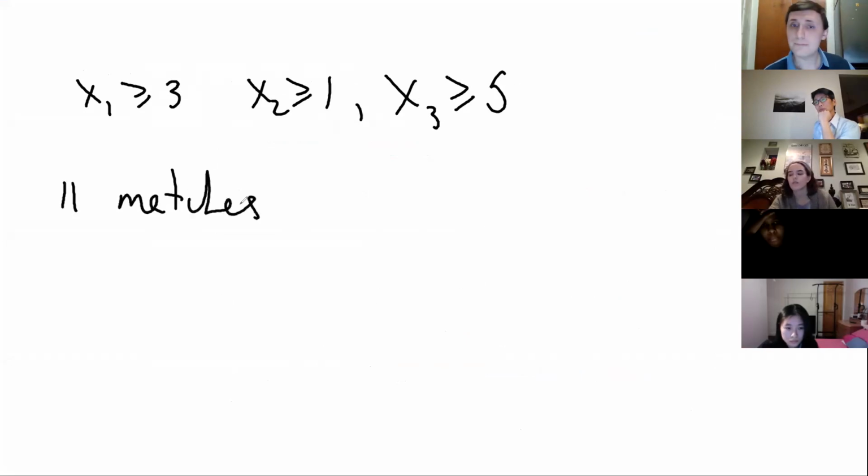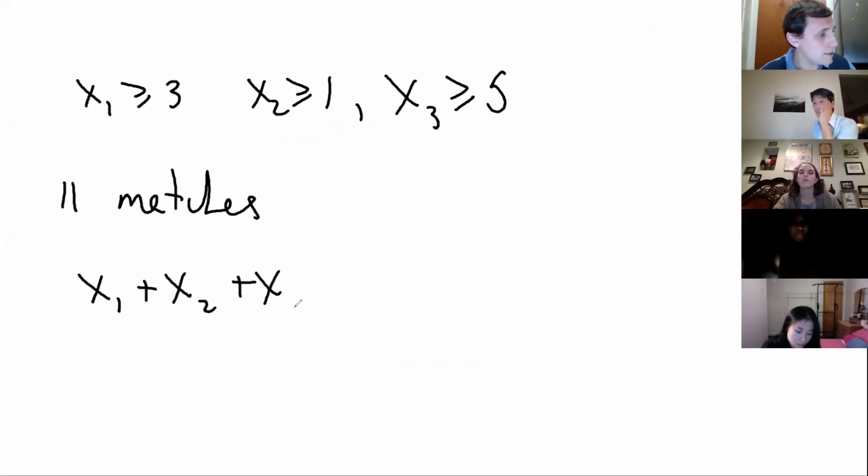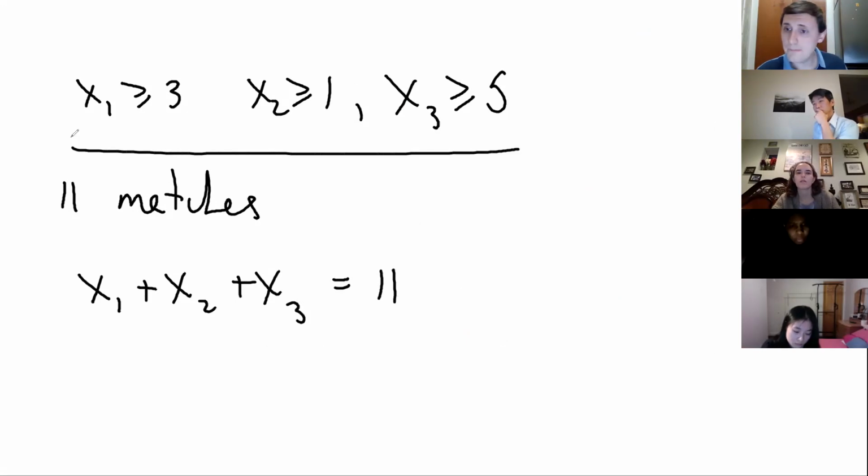Right? Good. So then I have this situation, and I have x1 plus x2 plus x3 equal to 11 with the above conditions. You agree? So how do I deal with it? Well, it's very easy to reduce the situation to one that you have already solved.